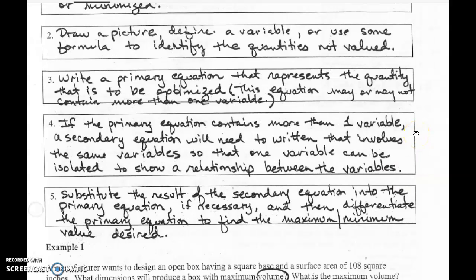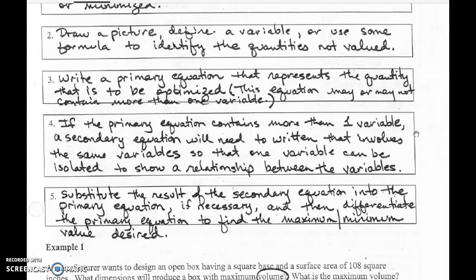And if that primary equation contains more than one variable, you might need a second equation that involves the same variables that can help you make that relationship and be able to do that problem. And that probably makes zero sense until we get into an example, which is exactly what we're going to do.